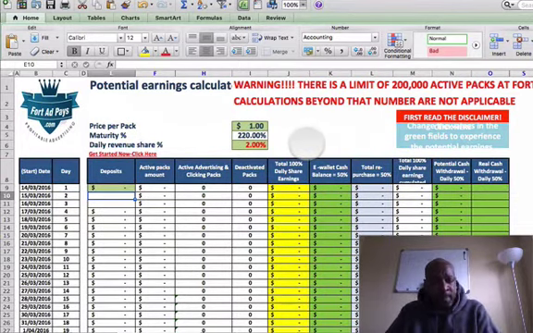Again, a disclaimer: it's an average of 2%. Sometimes it's only 1.2 or 1.3% a day, sometimes it might be 3.4 or 5%. It fluctuates based on the number of people buying ad packs on that particular day. So we're going to use 2% as the average because that's what it averages out to be.